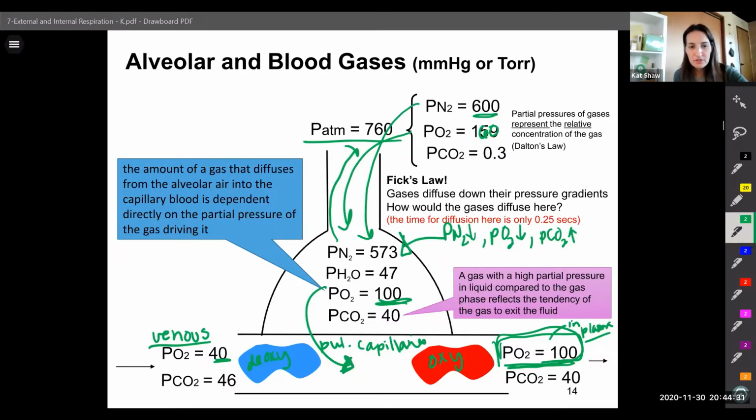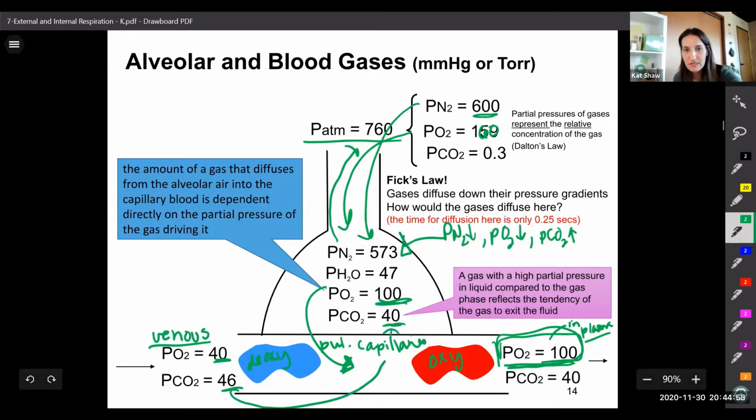Now, if we look at the partial pressure of CO2 in the deoxygenated blood, here the blood, specifically the hemoglobin, has picked up CO2, and now is bringing that CO2 back to the lung capillaries, where this partial pressure will be higher than the partial pressure in the alveolar space, which means our CO2 will want to diffuse out into the alveolar space, and then it will continue to diffuse out towards that low partial pressure in the environment, in the atmosphere.